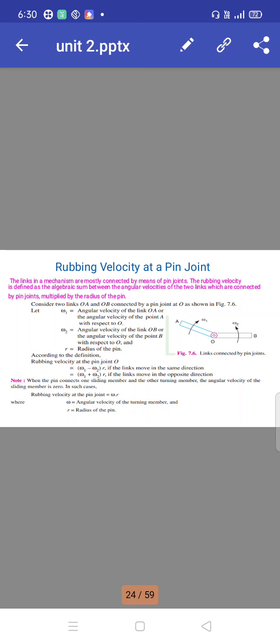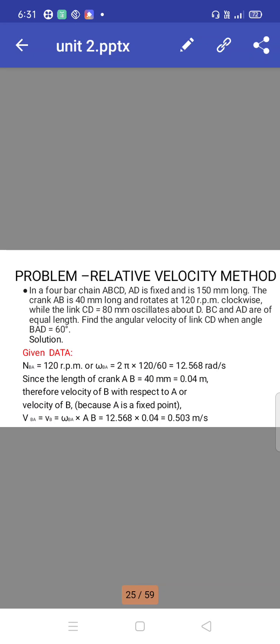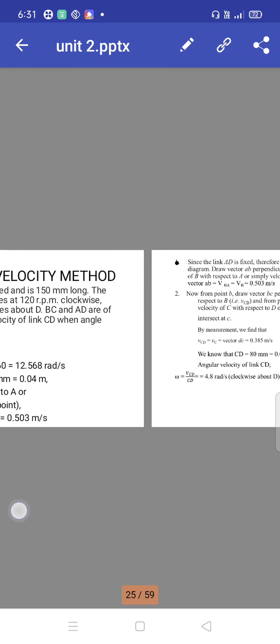Note that when the pin connects one sliding member and one turning member, the angular velocity of the sliding member is 0. In such cases, the rubbing velocity at the joint is equal to omega times R, where omega is the angular velocity of the turning member and R is the radius of the pin. So this problem relates to the relative velocity method.